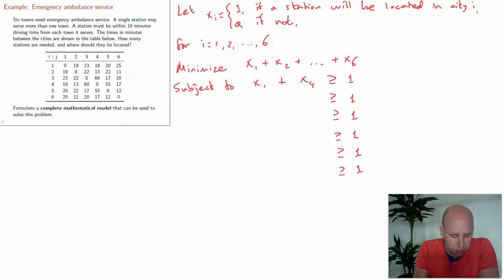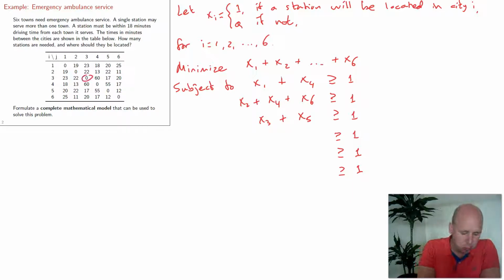Considering city 2, you see that there can be one in city 2 itself, but city 4 and city 6 are also fine. So it's x2 plus x4 plus x6. And this continues. For city 3, it's either city 3 or city 5. I'm just considering the third row of the matrix and checking all numbers that are not larger than 18. Then in row 4 we have 1, 2, 4 or 6.